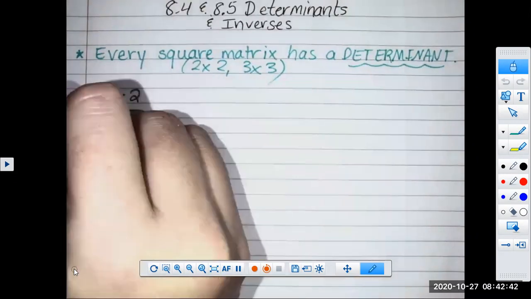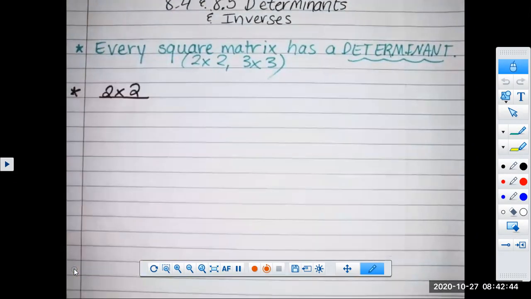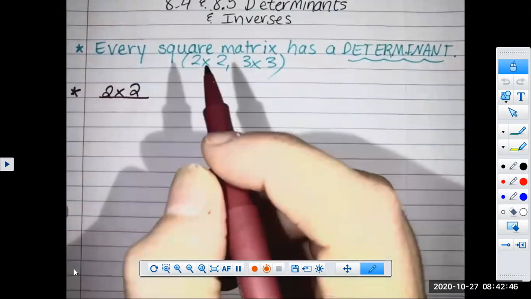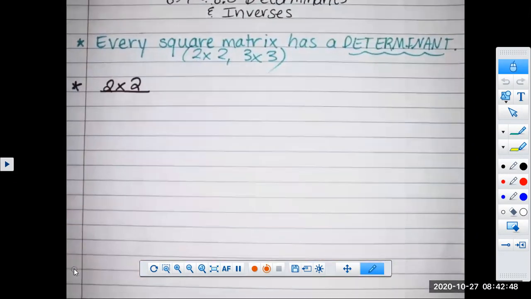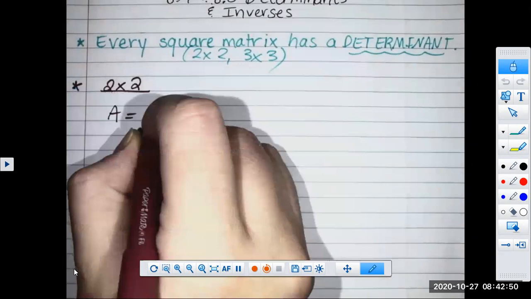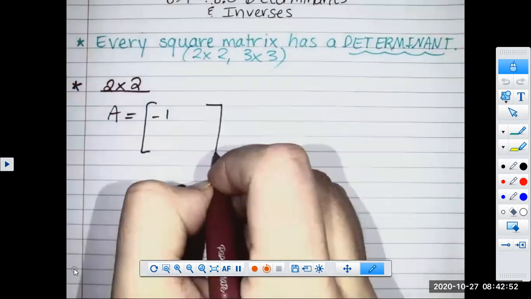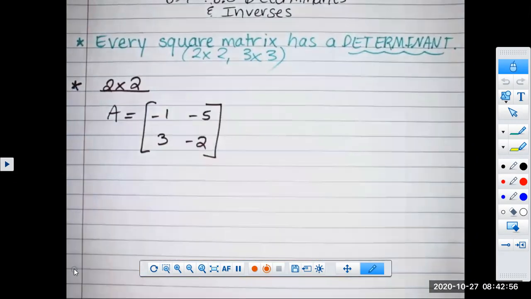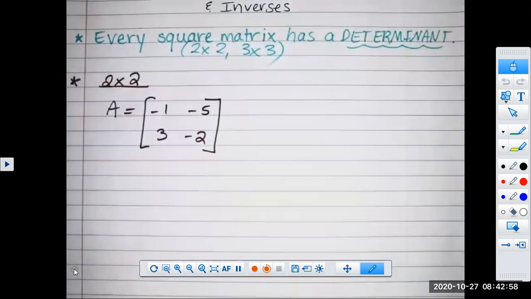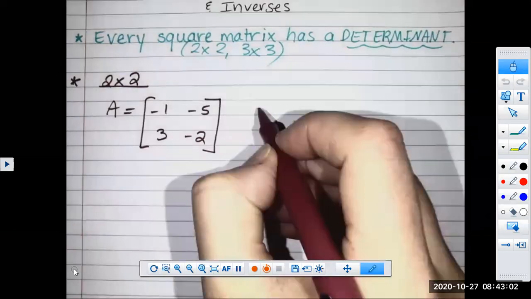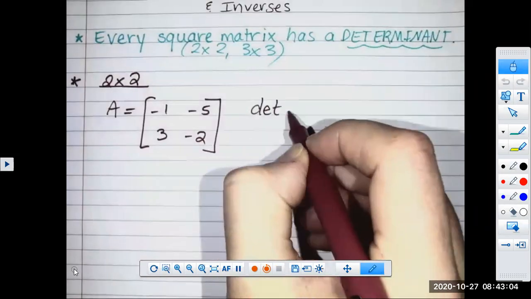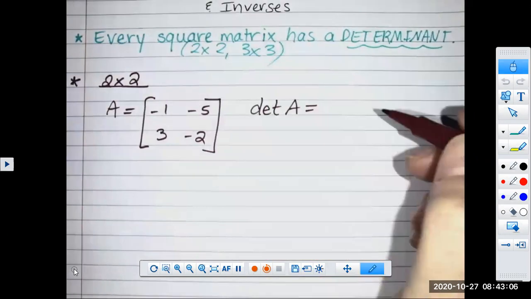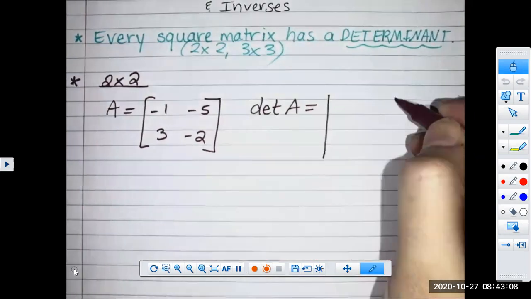And I mean, both methods are similar. All right, look, for a 2x2, let's say we have matrix A. With these elements, you will see the determinant either denoted like this, or you may see just vertical bars and not brackets.